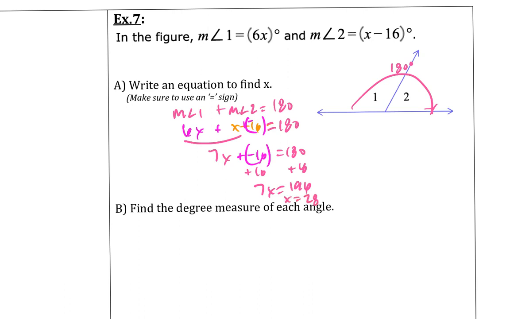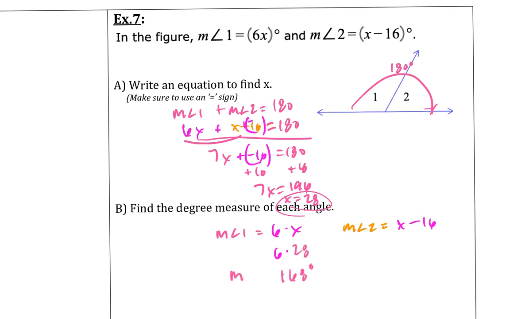So if x equals 28, then we have to figure out the measure of the angles, right? So we set up the equation. This is what we did here. We solved it. We said x equals 28. Now we're going to plug it in. So the measure of angle 1 equals 6 times 28, which means it measures 168 degrees.